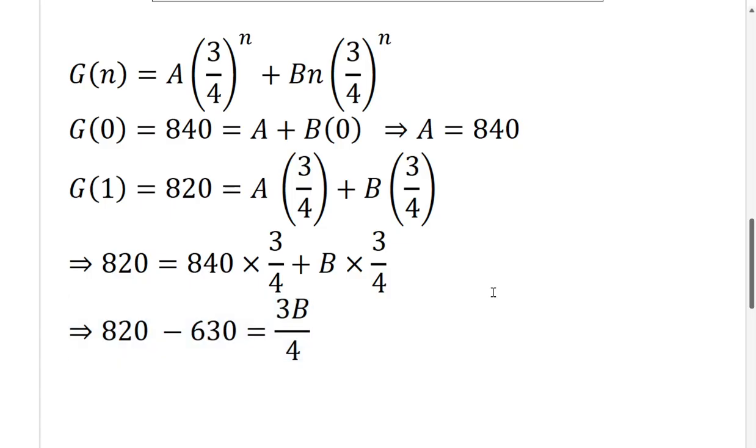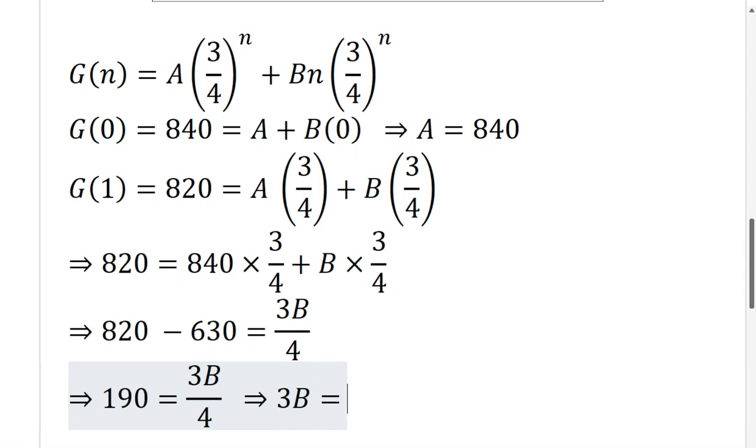So this means that we have 190 equals 3b over 4, which means 3b equals 760, which means b equals 760 over 3.